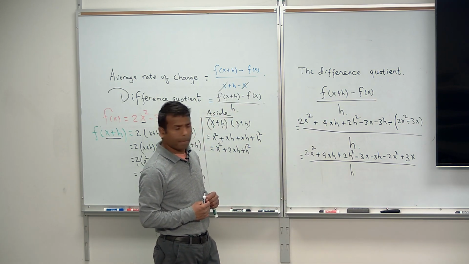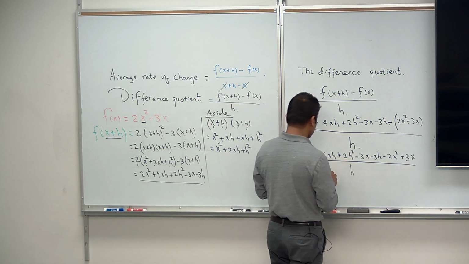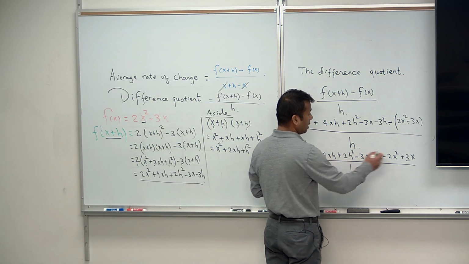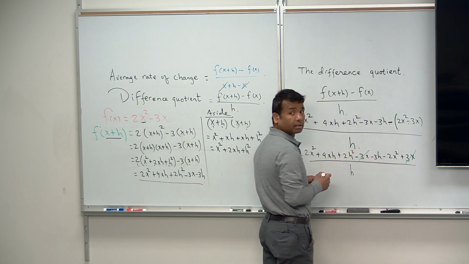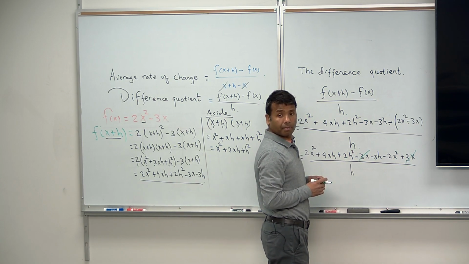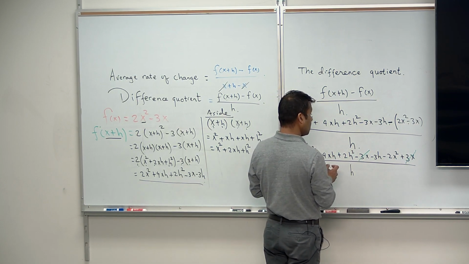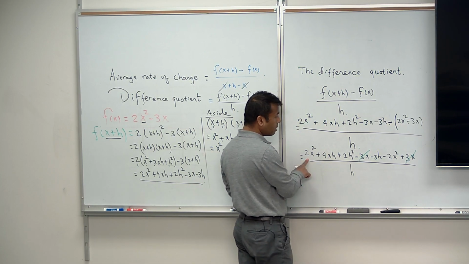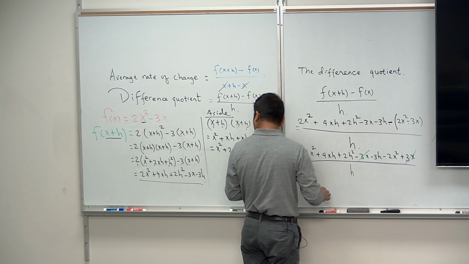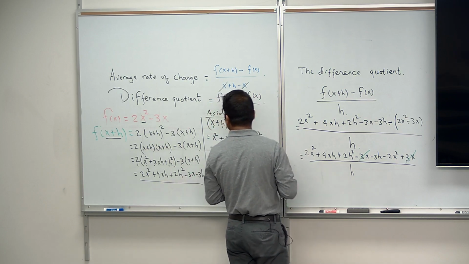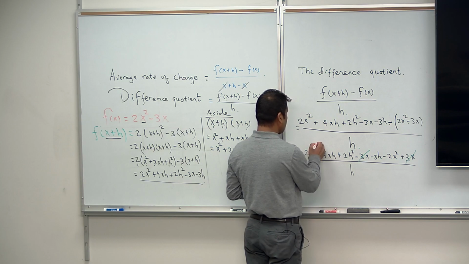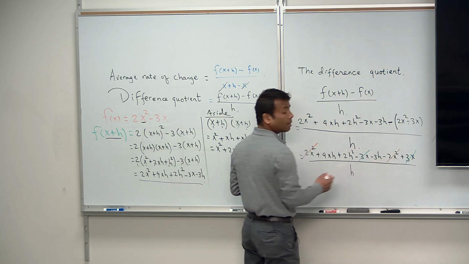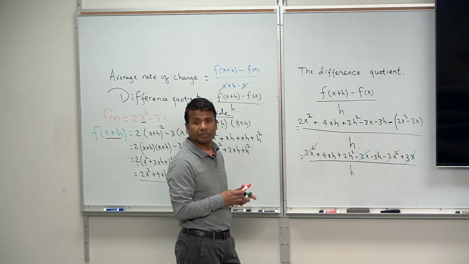You got it? So now this positive 3x and this negative 3x, I can cross them out, right? Is there any other thing? Yeah, positive 2x squared. Did you see that? This positive 2x squared and negative 2x squared, I can cancel them.